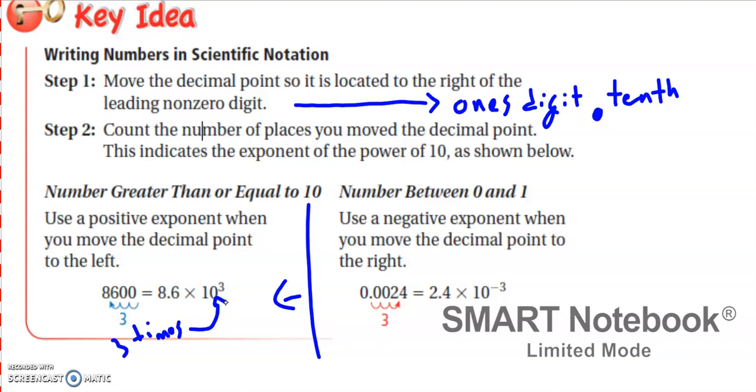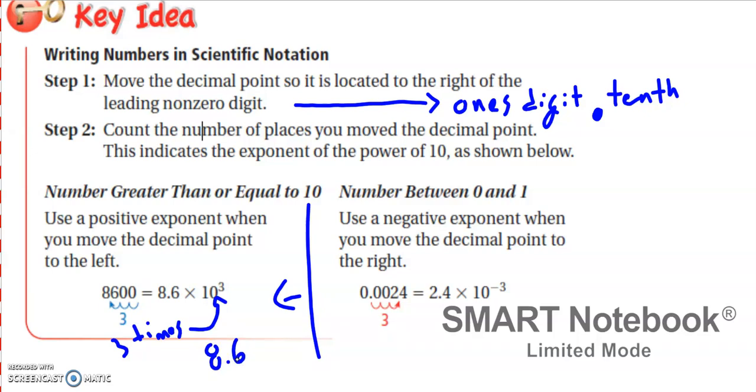The way that I look at it, because it's kind of counterintuitive, because you see, oh, well, I moved the decimal 3 times to the left, but left is normally associated with negative values, so why isn't it negative 3? Well, here's how I look at it. When I have 8,600, I know it's going to be 8.6, because we want to have a digit in the ones and then the tenths.